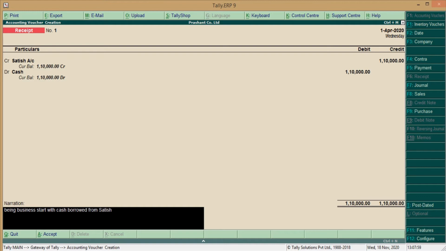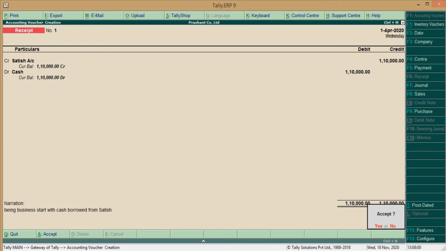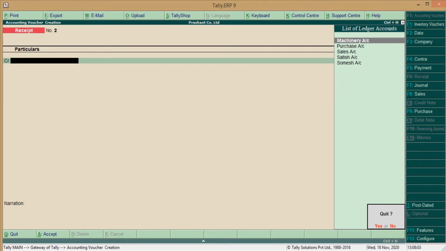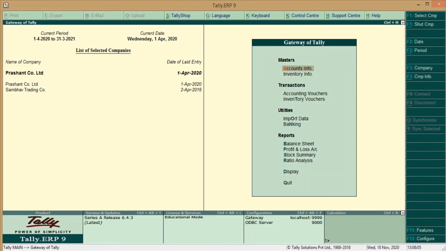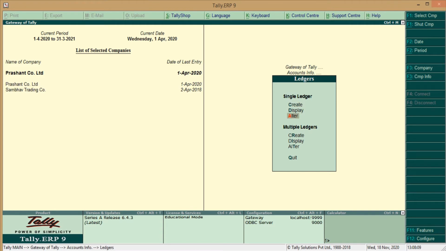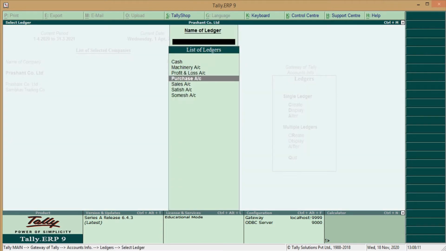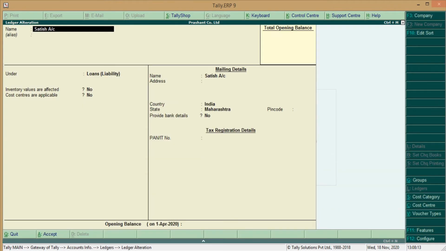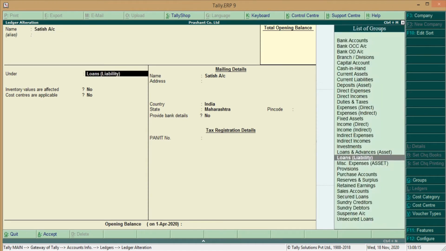When we create the Satish account, at that time the group of Satish account is loan and liability.